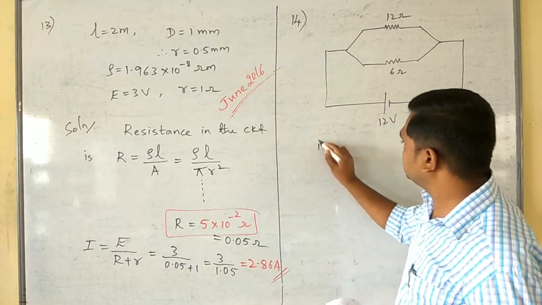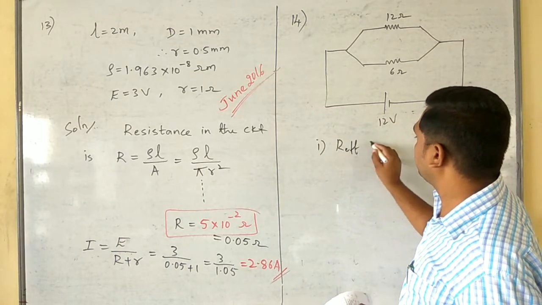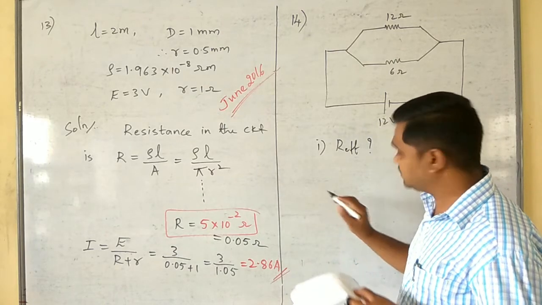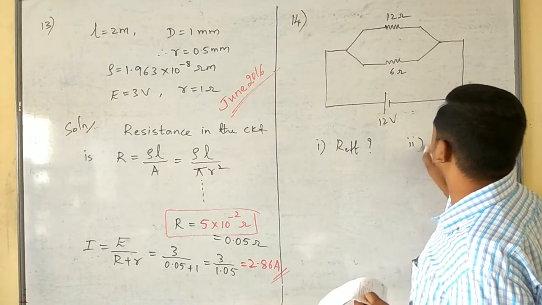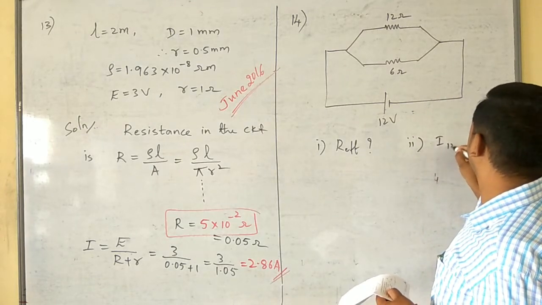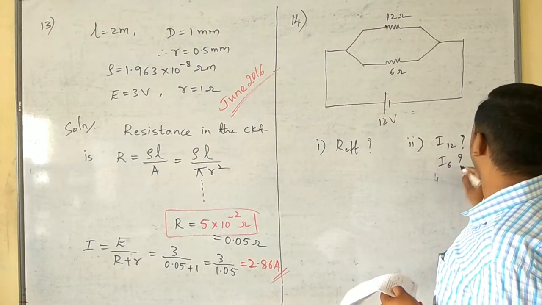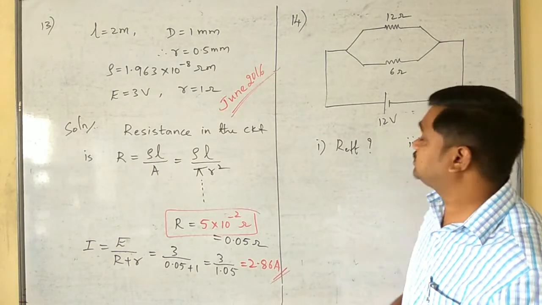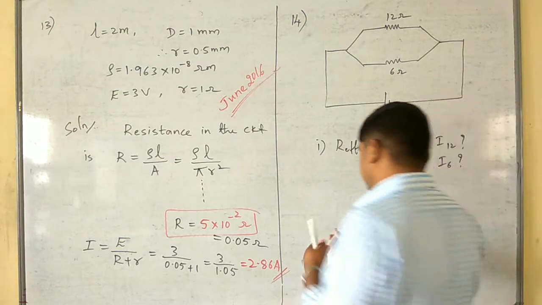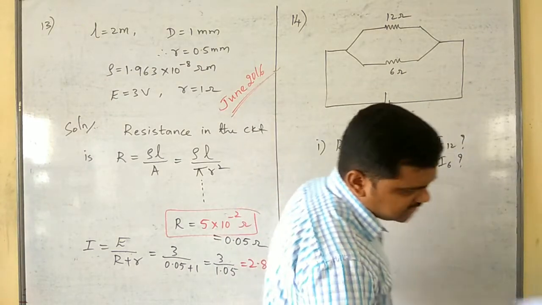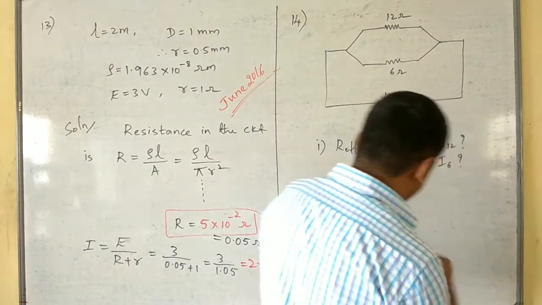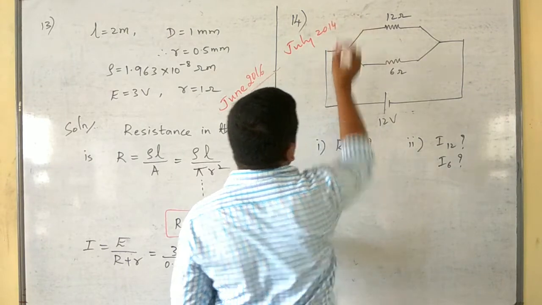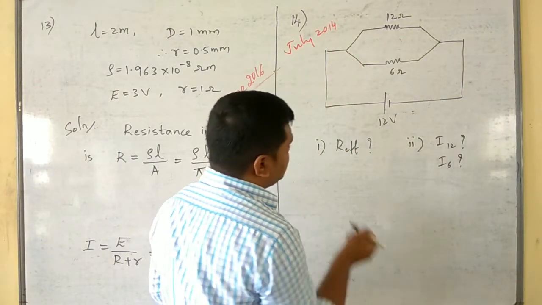Calculate the equivalent resistance or effective resistance first. Next, obtain the current in 12 ohm and 6 ohm resistors, that is I12 and I6. Actually, I have taught a few problems in the theory itself. So this question was asked in July 2014. Okay, it is very simple.